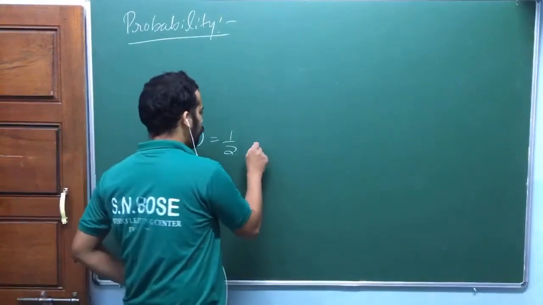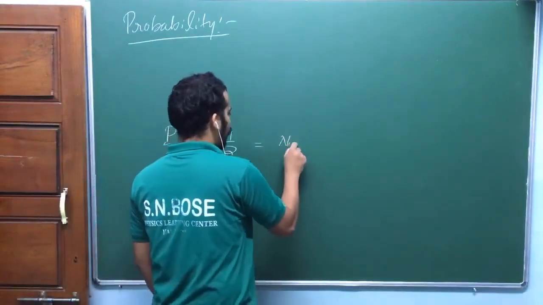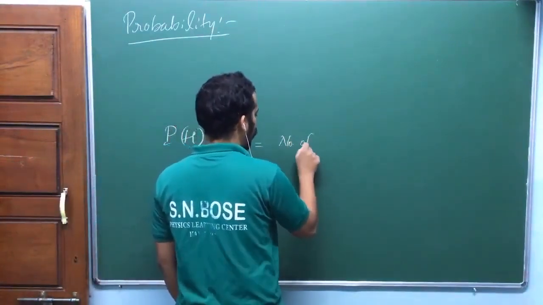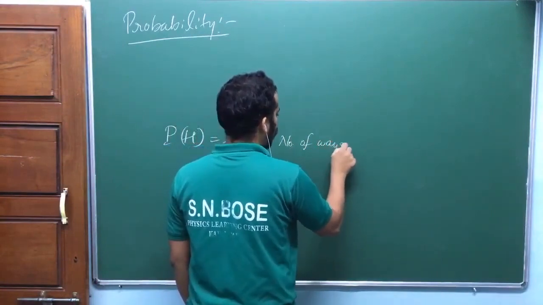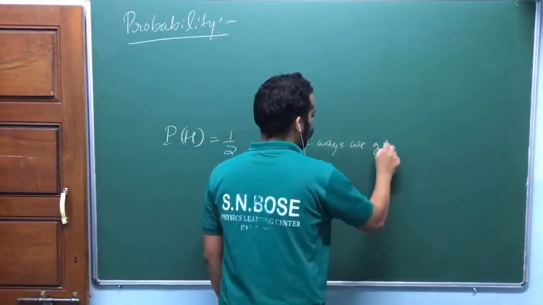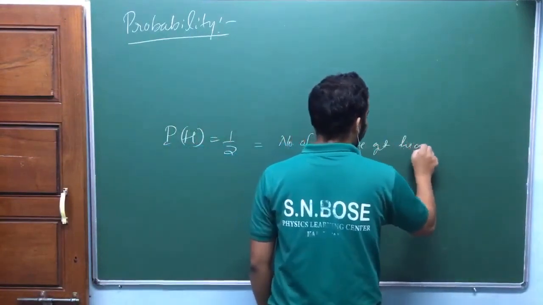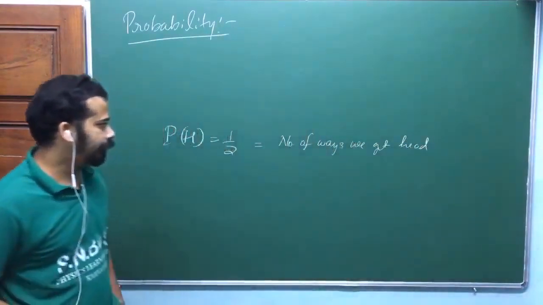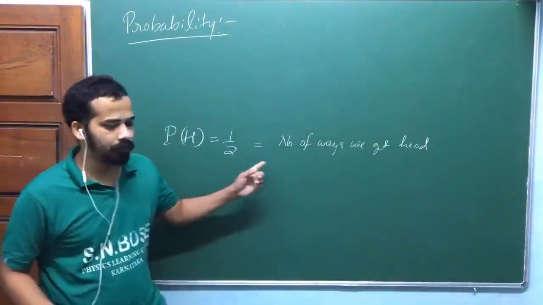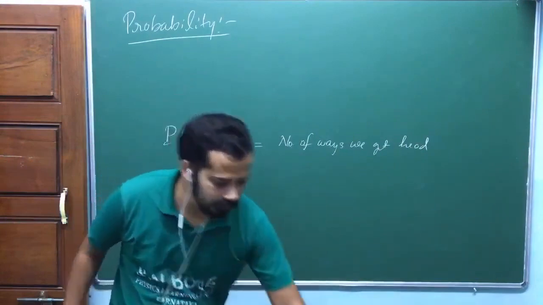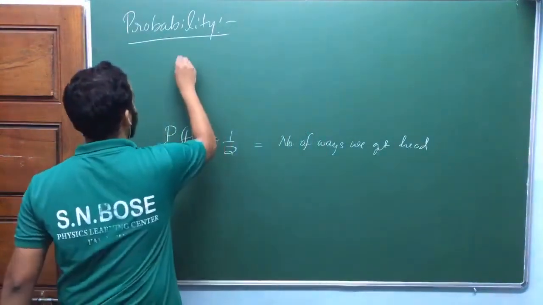Now look here. The number of ways we get head, that is, the number of events favorable to head divided by the total number of possible events. This is the basic definition of probability.